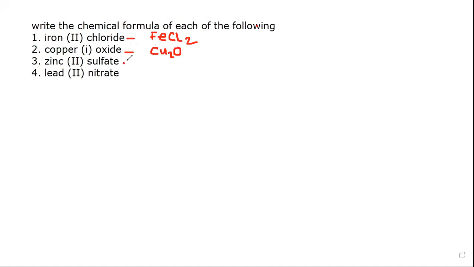Then this will be Zn, ZnSO4, that is zinc sulfate. So lead is Pb. Pb nitrate, remember, is a radical. So NO3, Pb(NO3)2. So those are the expected responses to those questions.